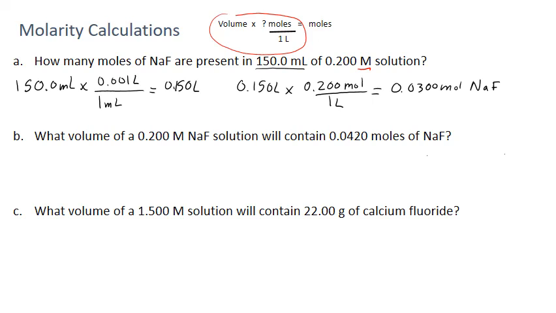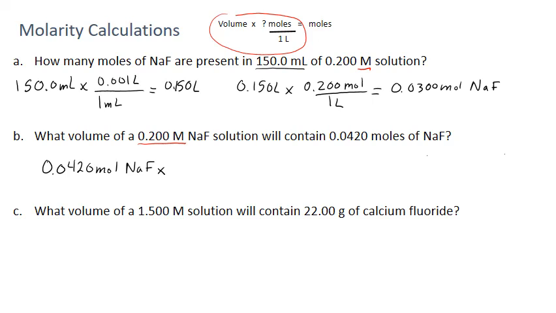Using the same concentration of solution, the 0.2 molar NaF, this question asks what volume of that solution would contain a certain number of moles of NaF. Starting with the measured value, it's not a ratio, 0.0420 moles of NaF. Remember, the molarity, the capital M, is just that ratio of moles per liter.